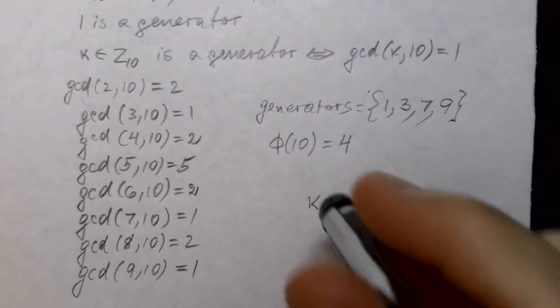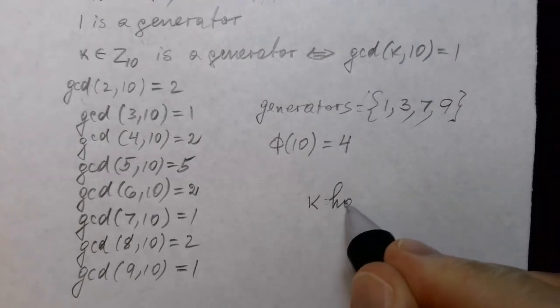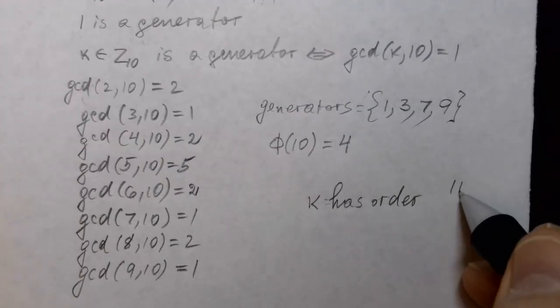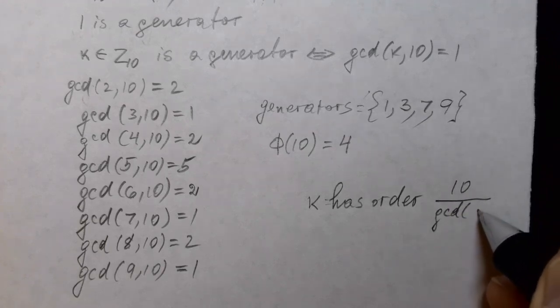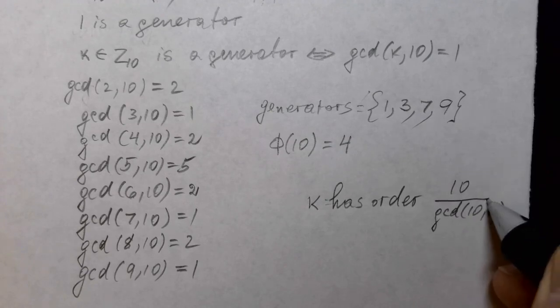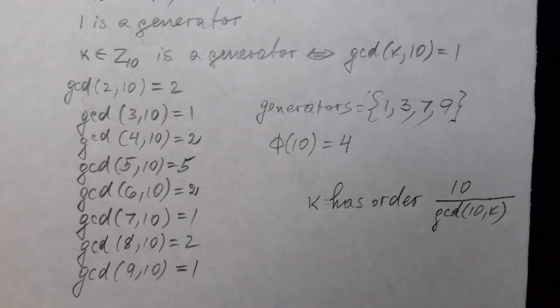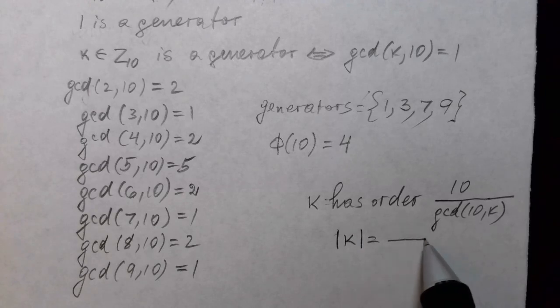K has order in Z10 equal to 10 divided by the GCD of 10 and k. The order of k is denoted this way, the order of an element in a group. So the order of k is this quotient.